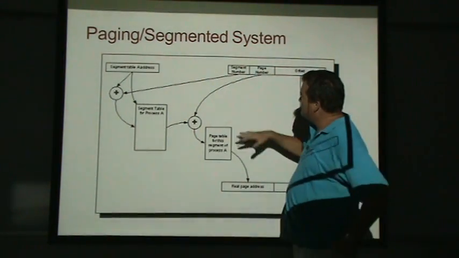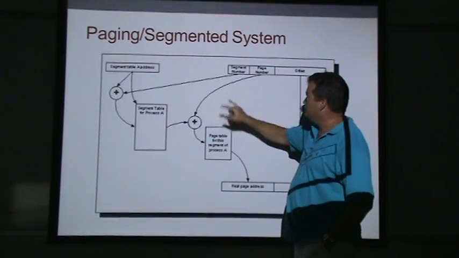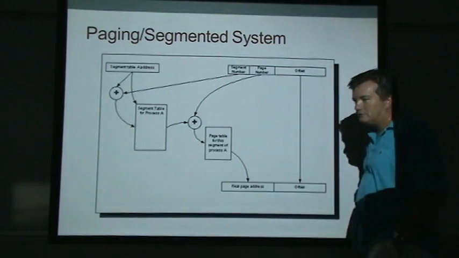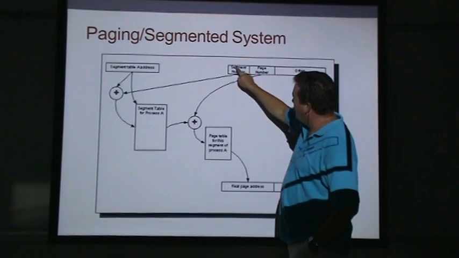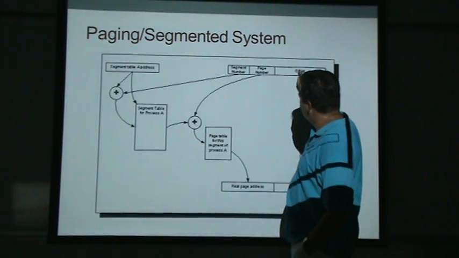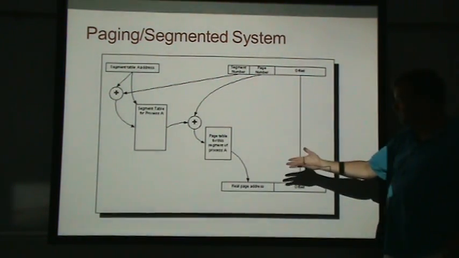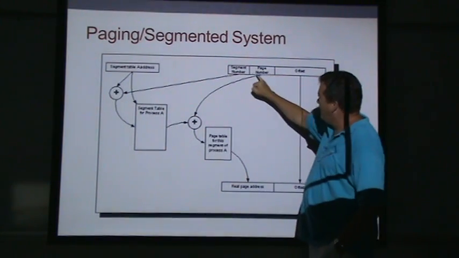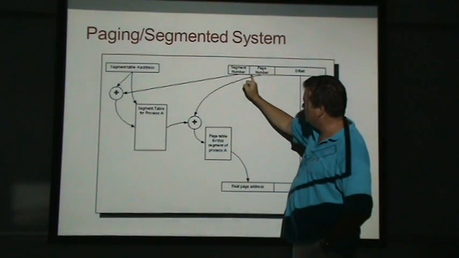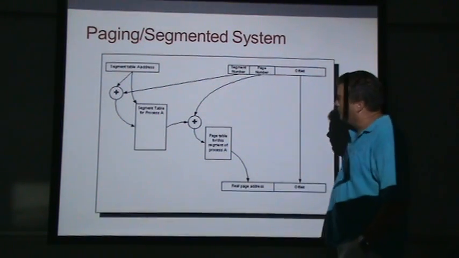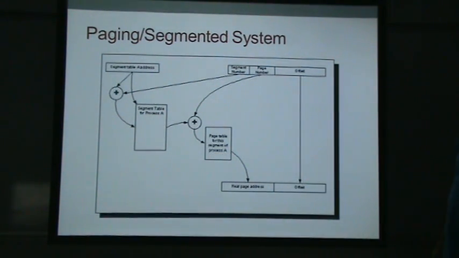So basically, let's say segment 1 has 5 pages and segment 3 has 10 pages and so on. We'll basically take our address and allow a certain number of bits to be the offset, how far into the page you go. Then which page number for that particular segment you are, we'll dedicate a fixed number of bits for those. And then another set of bits for which segment you're in.